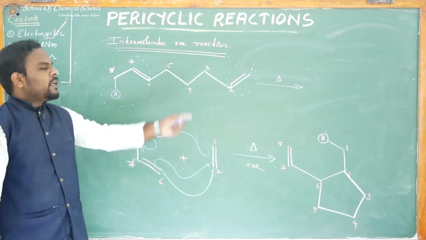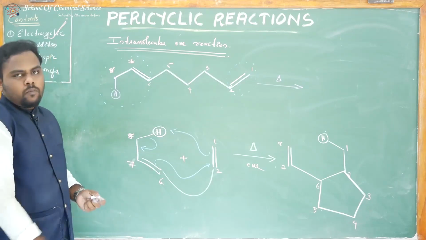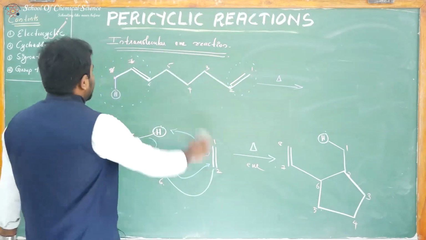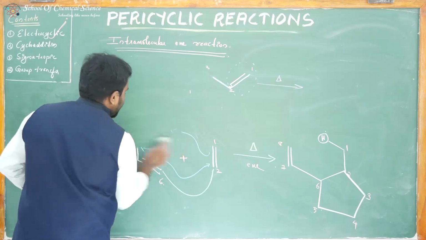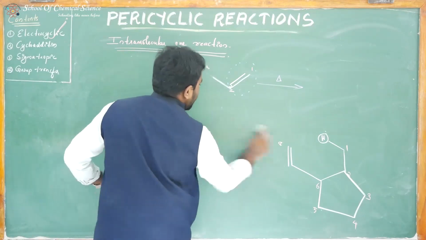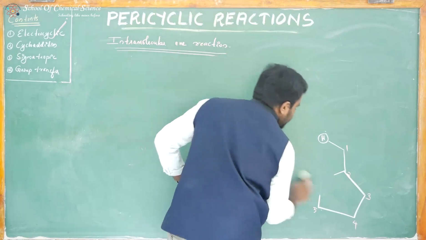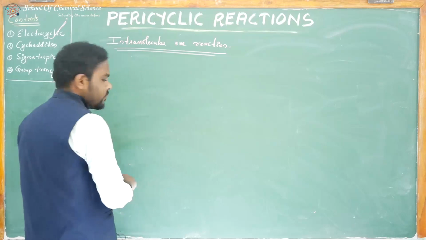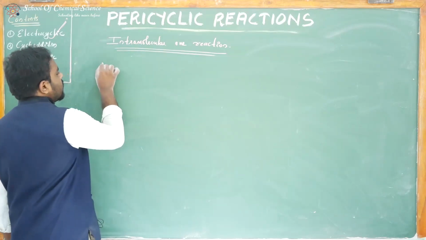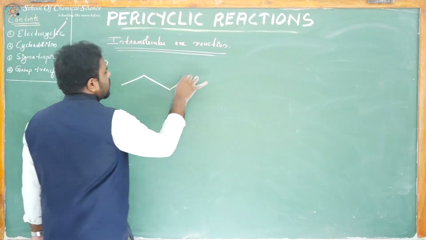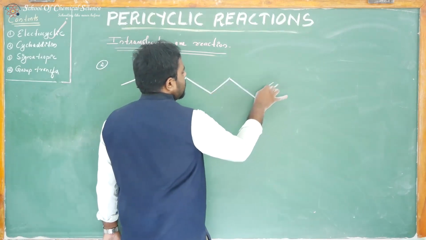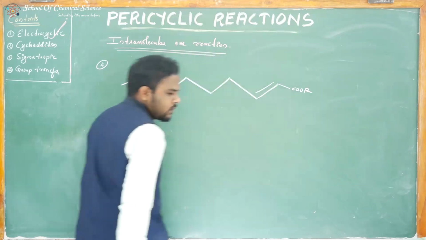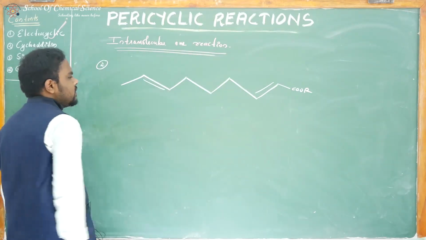So both allylic system and enophile are in the same molecule. Then next question, question number 2. Here is COOR, and it's an allylic system.